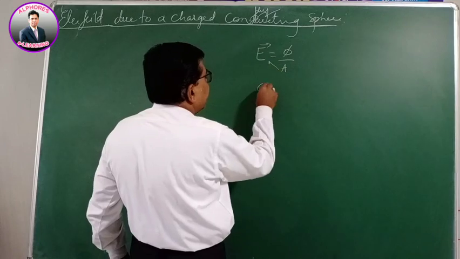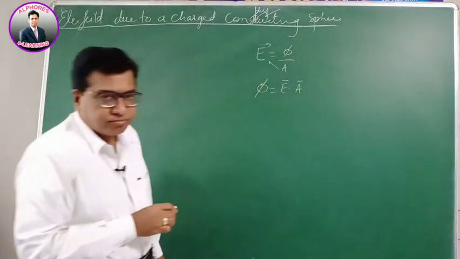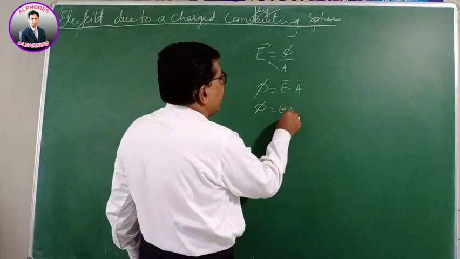Cross multiplying, flux phi is E dot A, so flux is EA cos theta.